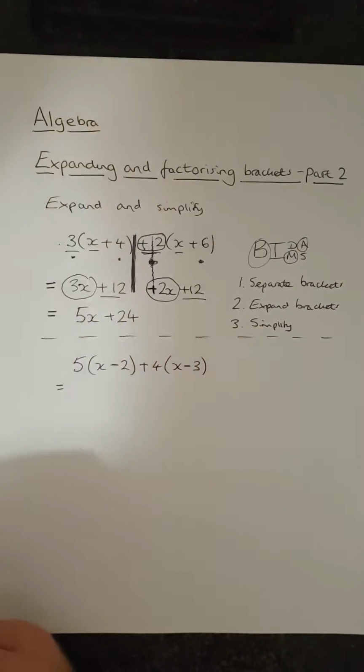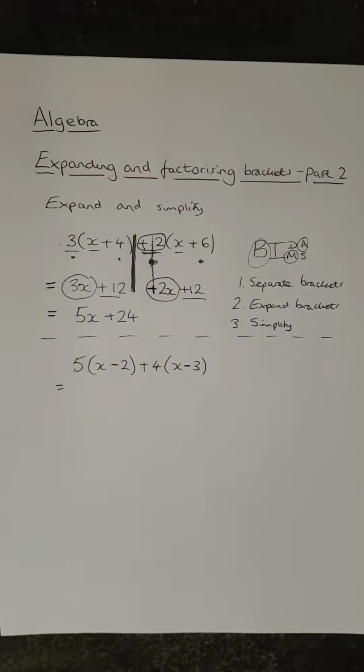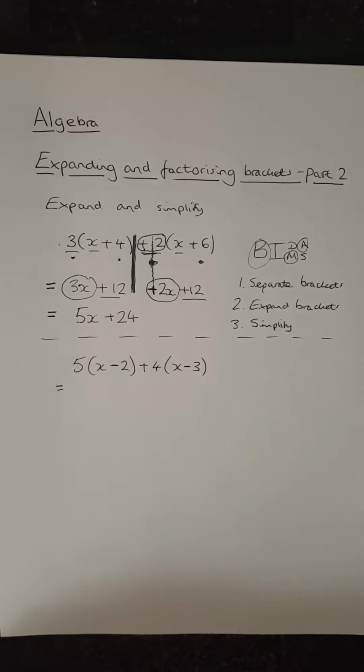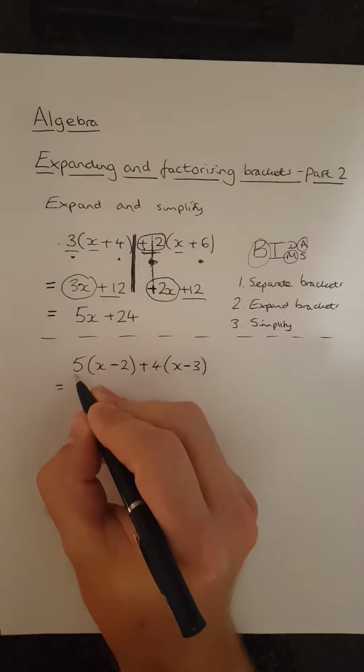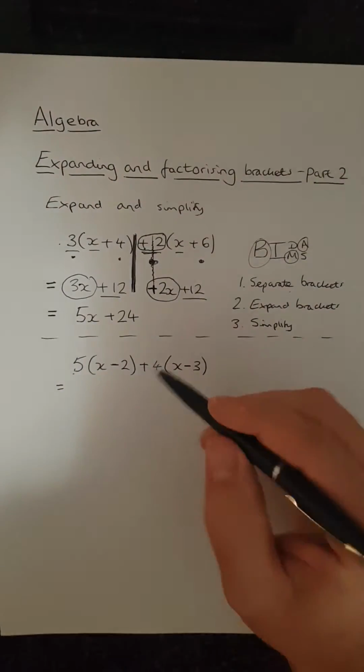You can see here in example 2, I'm going to start introducing some negatives. We're confident of expanding brackets from part 1. We should be confident on simplifying, if we're not go back to those videos. But it's things like negatives that are going to trip us up. So, separating the brackets.